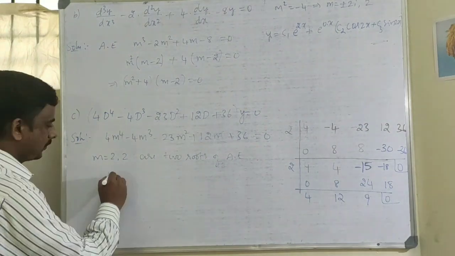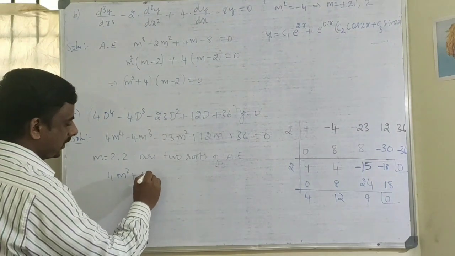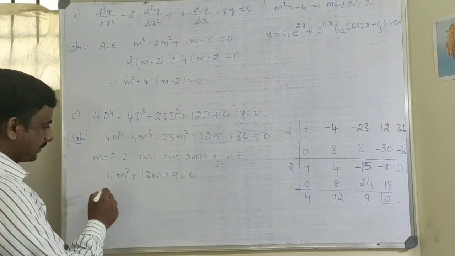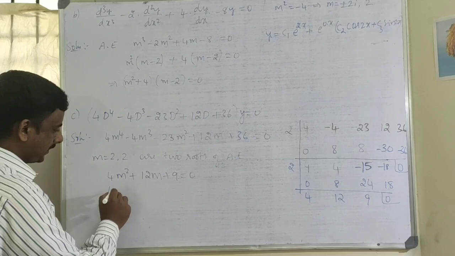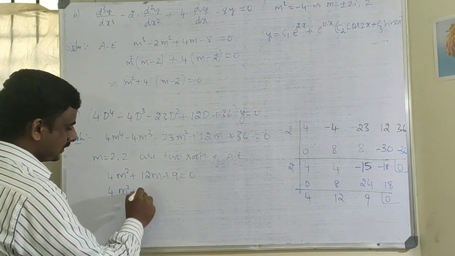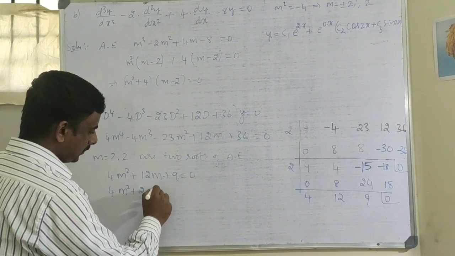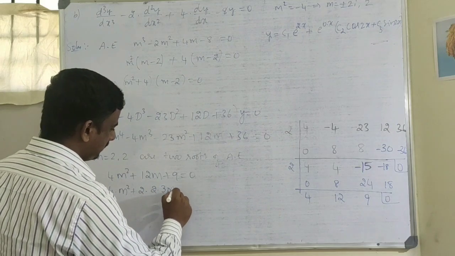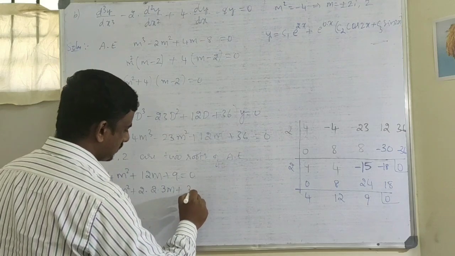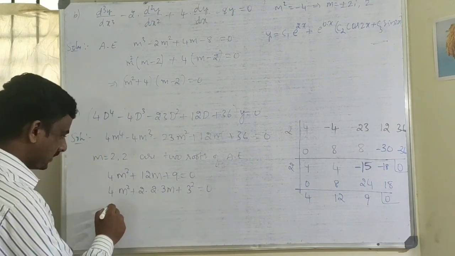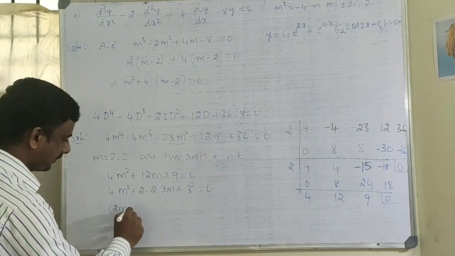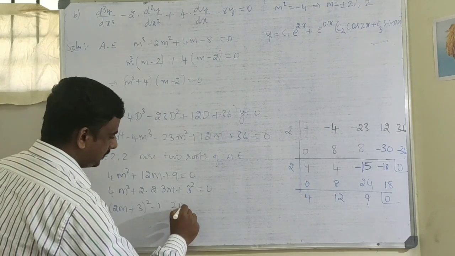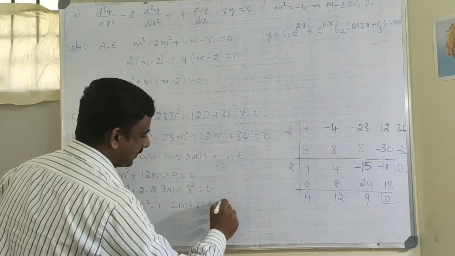So I write the equation 4m square plus 12m plus 9 equal to 0. This is nothing but (2m plus 3) whole square. So I got 2m plus 3 equal to 0 and 2m plus 3 equal to 0.